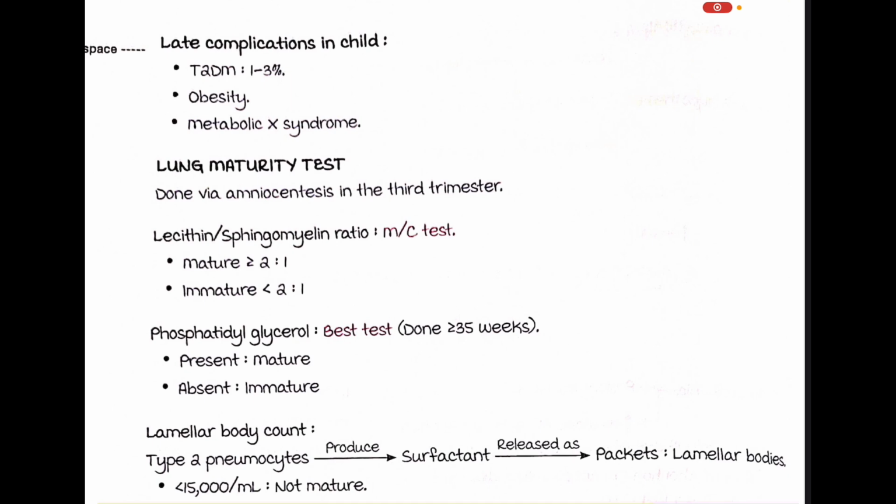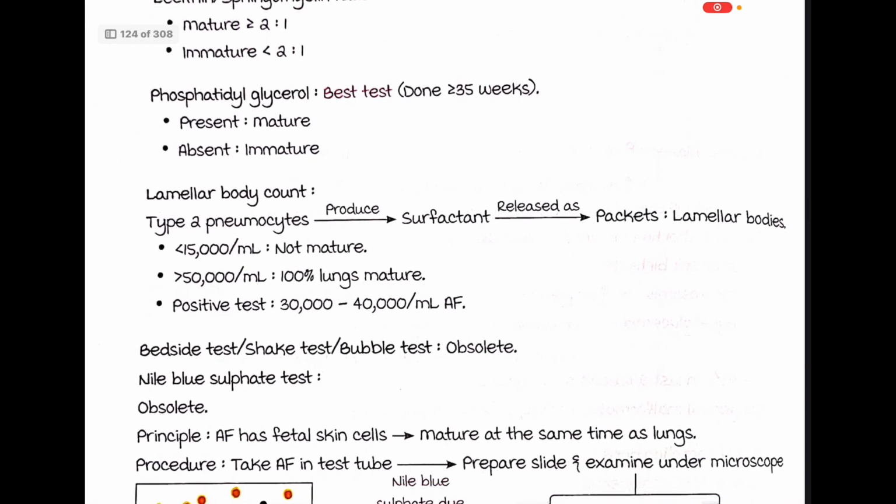The most common test is the lecithin sphingomyelin ratio. Mature lungs have a ratio of more than or equal to 2:1, so 2 lecithin to 1 sphingomyelin. Immature will be less than that, so lecithin will not be double the sphingomyelin.